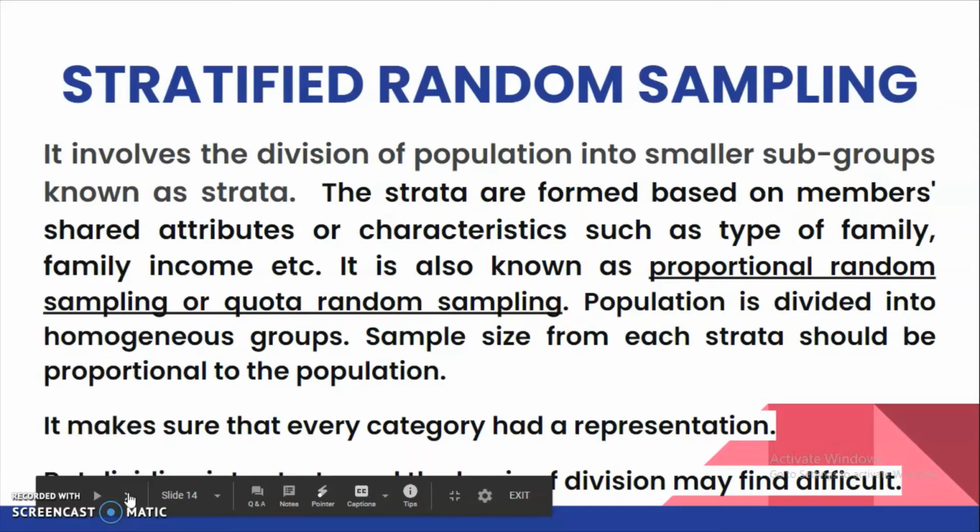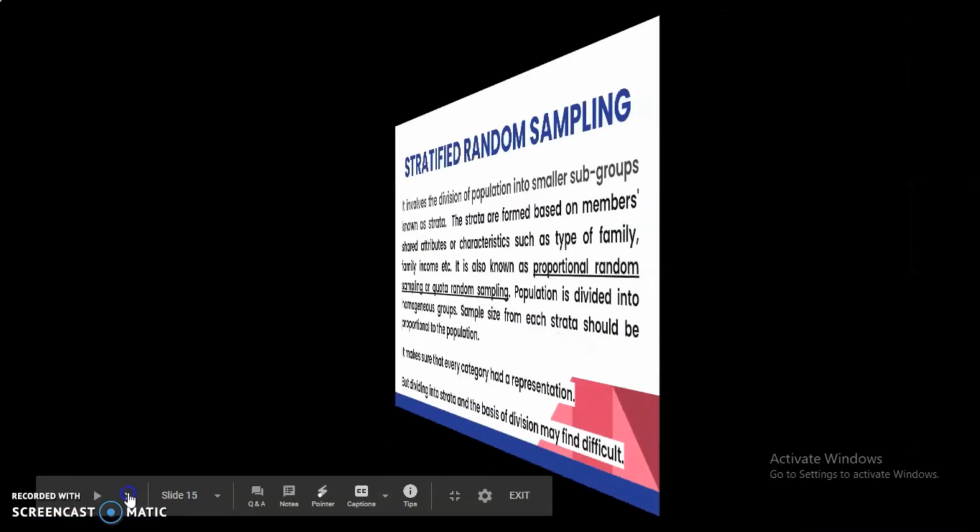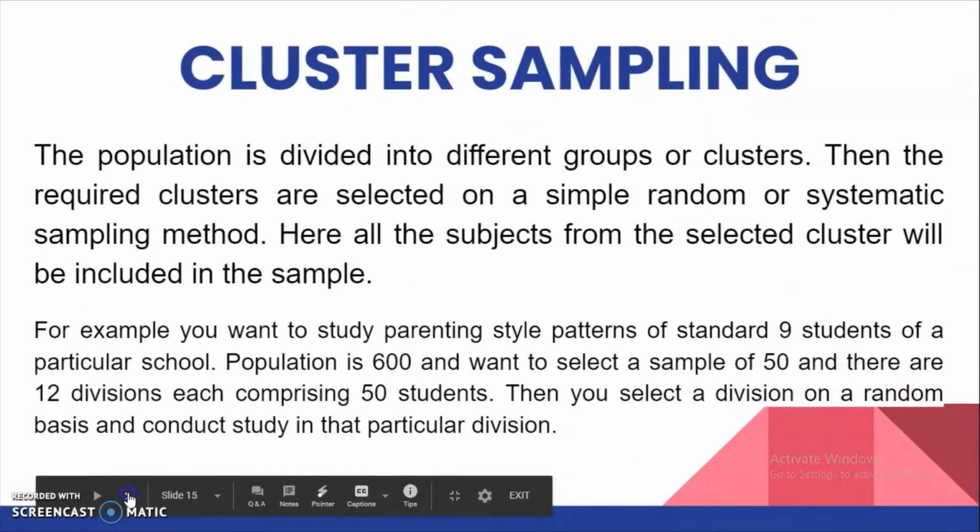So this is what we call stratified random sampling. And then we come to cluster sampling. In cluster sampling, the population is divided into different groups or clusters. See, in stratified sampling the population is not homogeneous. But in cluster sampling, the population will be more or less homogeneous.